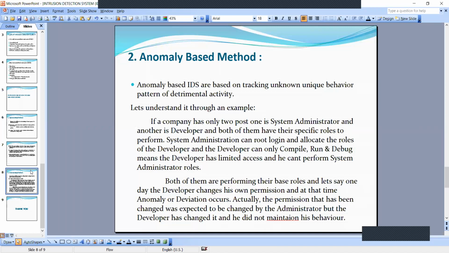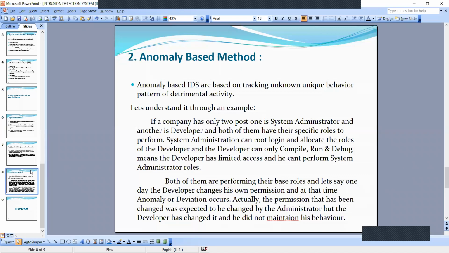As in the example, if a company has only two posts, system administrator and developer, both have specific roles to perform. The system administrator can log in as root and allocate the roles of the developer, and the developer can only compile, run, and debug. He has limited access to the system.